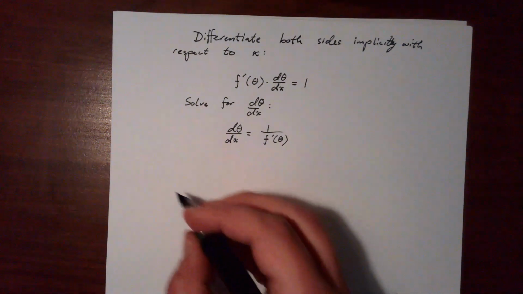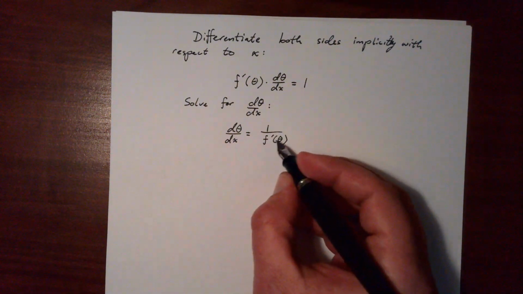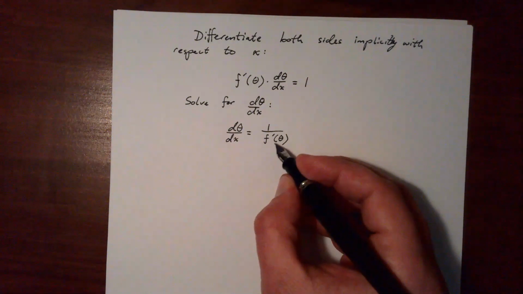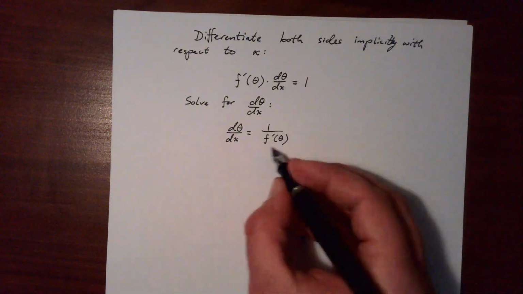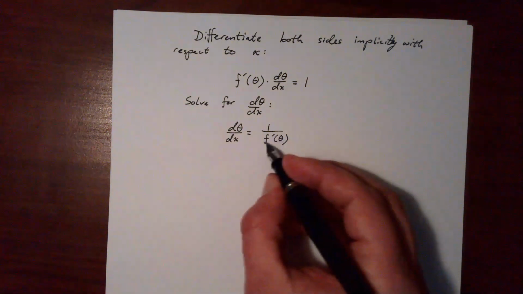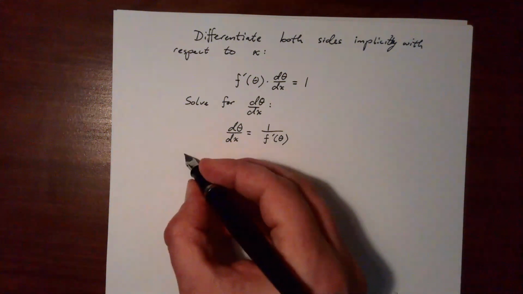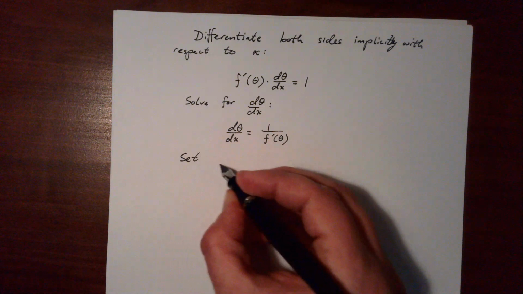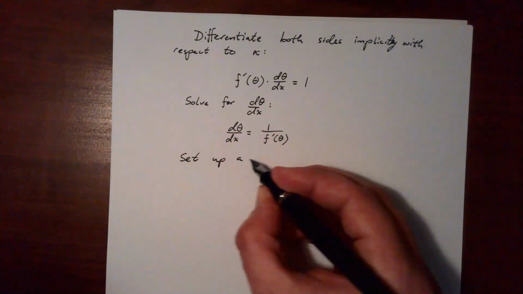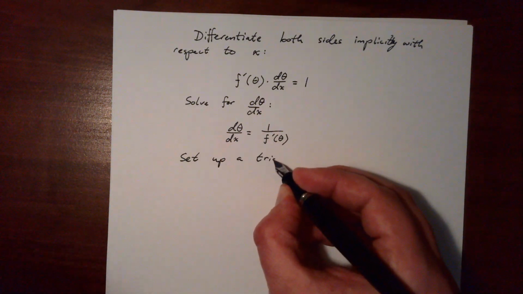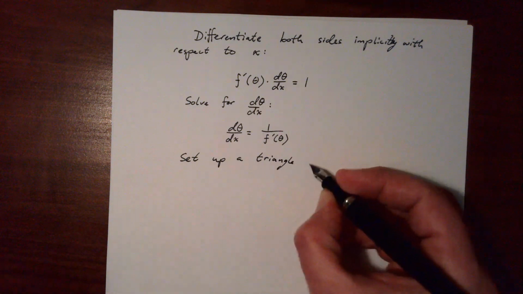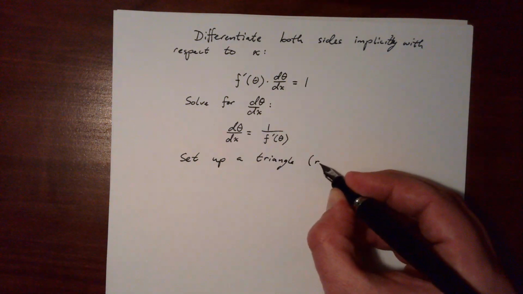So specifically, what we can do is take the expression here, and this will be some combination of sines, cosines, or secant squareds, things like that, and we can set up a triangle. This is called a reference triangle.